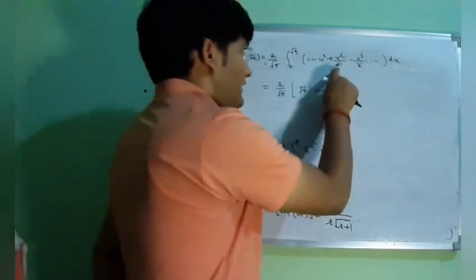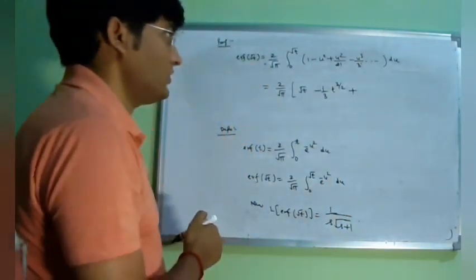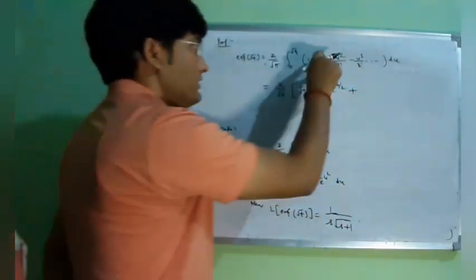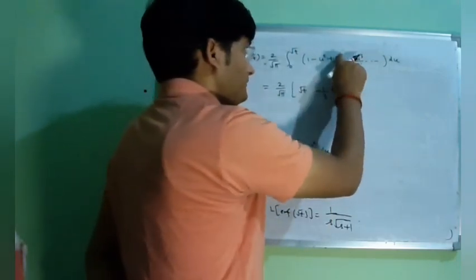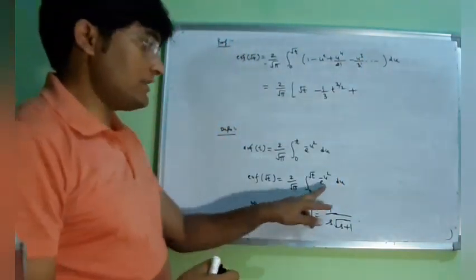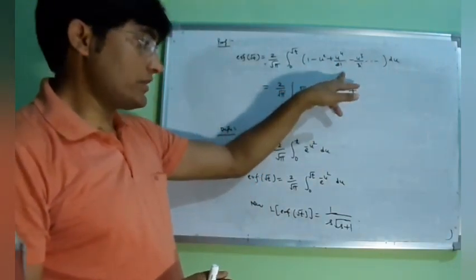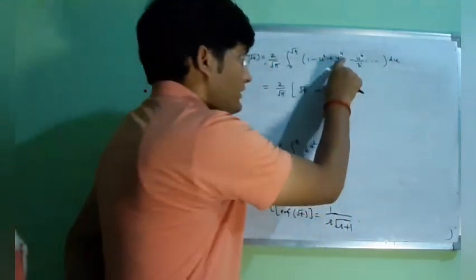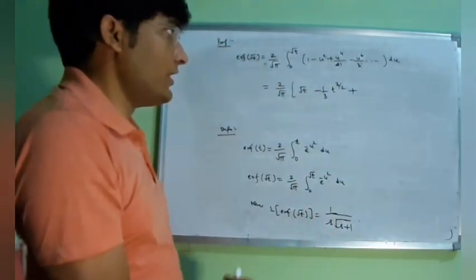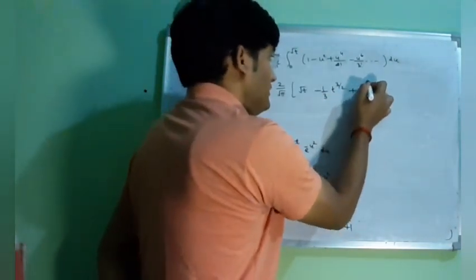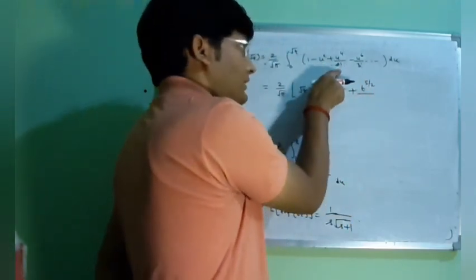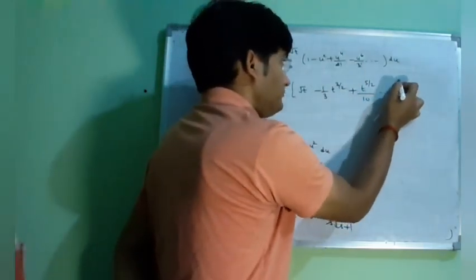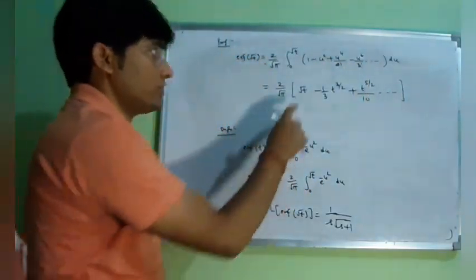Then the integration of u to the power 4 will be u to the power 5 upon 5, so the upper limit will be t to the power 5 by 2, and in the denominator we will have 5, and then 5 times 2 is 10. So that is the integration of this one.